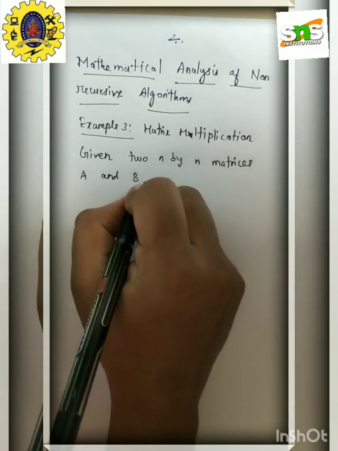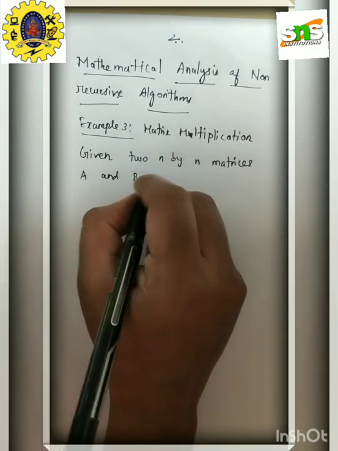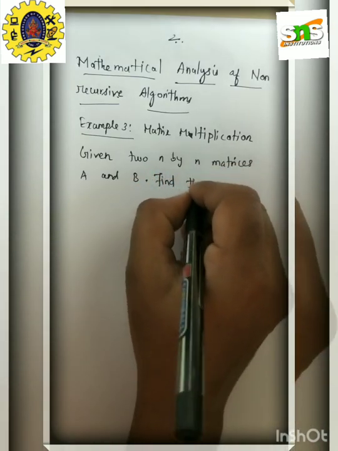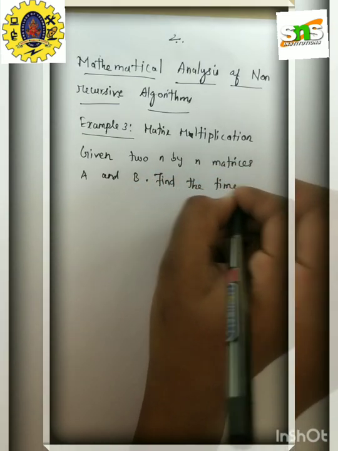You need two matrices, that is A and B. Find the time efficiency.